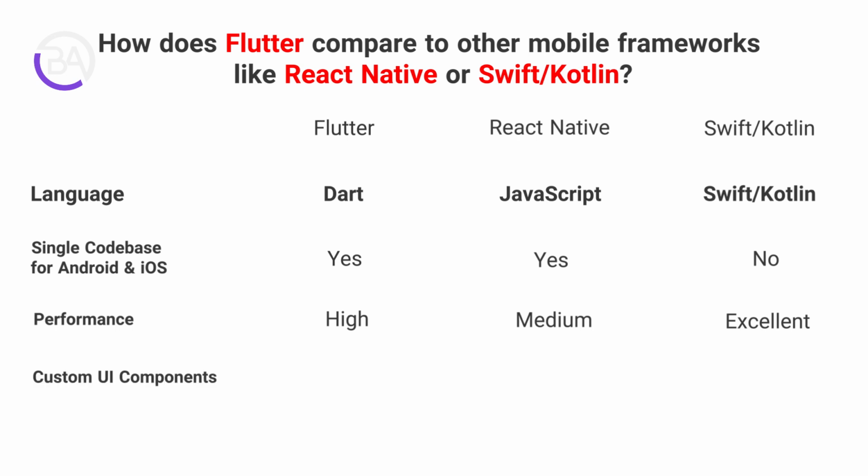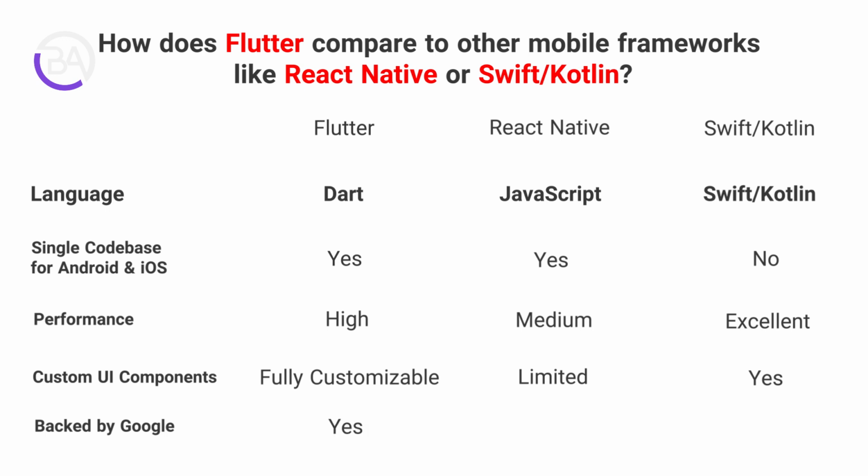Customizable UI components: Flutter is fully customizable, React Native is limited, and Swift and Kotlin, yes. Backed by Google, it's very important, because Google is a very big company, and if you get backed by Google, it's an important feature for you.